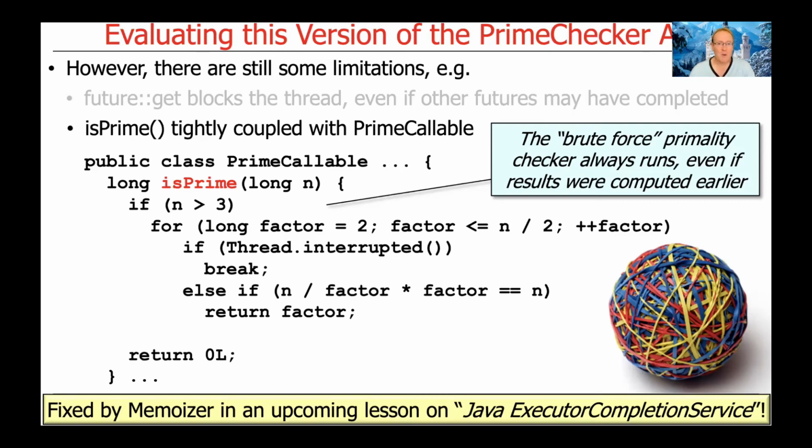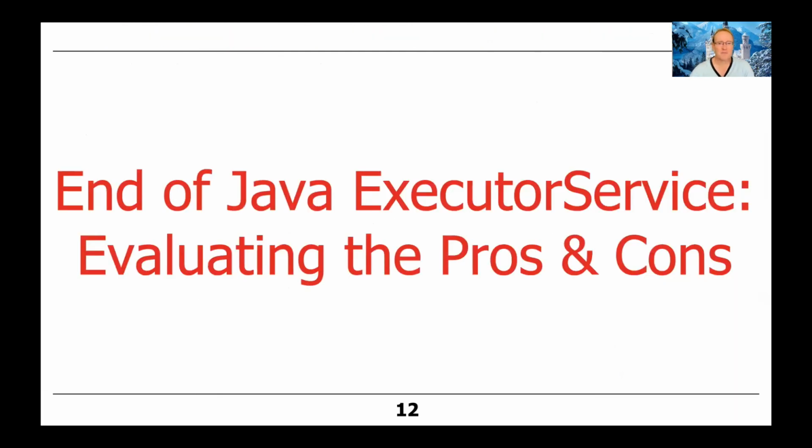And moreover, if we want to do something even more clever, like cache results to avoid recomputing them if we've already looked them up once before, then that also is not easily supported with this implementation. And again, we will come back and fix this with other examples we'll cover later in the course to make things more flexible, more configurable and more behaviorally parameterizable and so on.